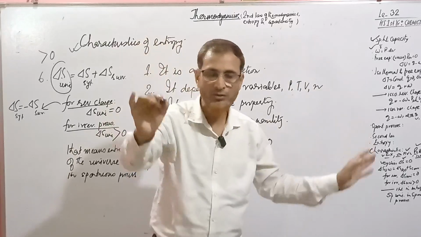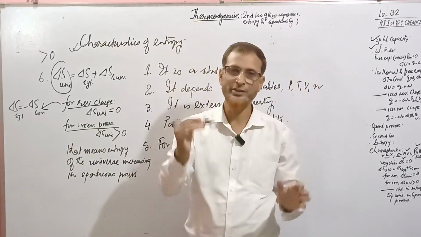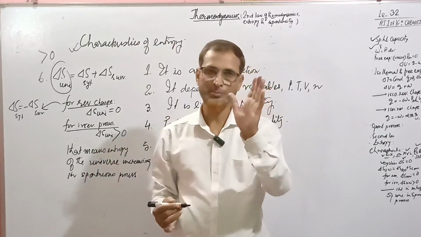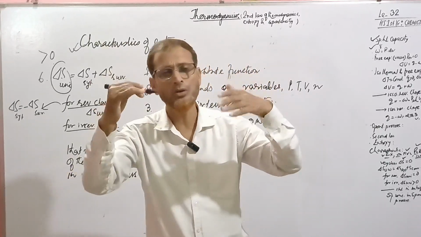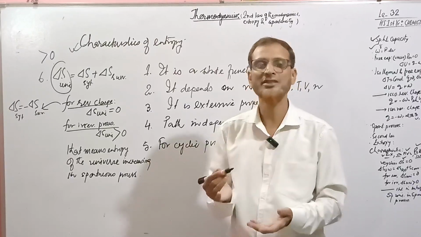All the processes of the universe, mixing of gas, whatever is happening in this universe, is nothing but a spontaneous, natural process. All natural processes are spontaneous because you can't interfere, you can't reverse it.